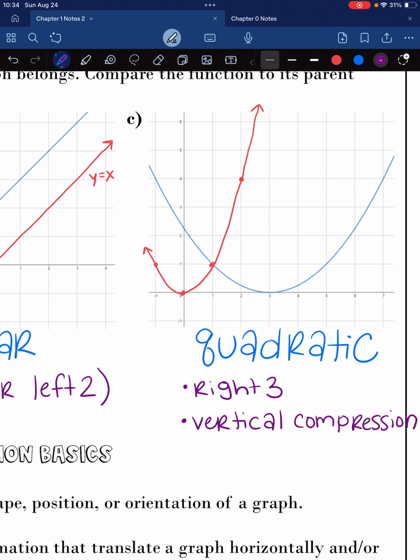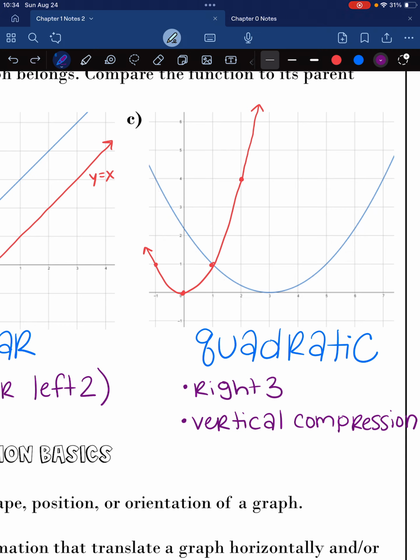Where, again, if we imagine that the red graph is rubber, and we take the top and the bottom and we smush the top and bottom together, we compress them, you're going to end up with this elongated shape here. So that's what's going to make that wider.